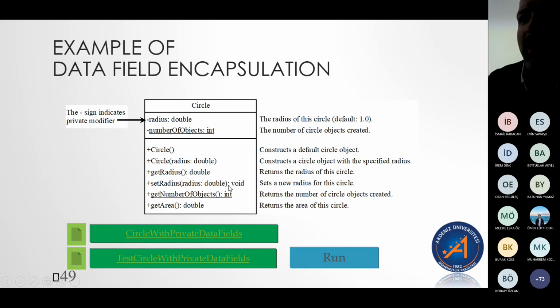Inside the setRadius method, if our user puts a negative value in there, we can choose not to change the value. That way, it's not possible for them to set it to a negative value. We can use that to maintain that security. We'll see an example in the circle with private data fields.